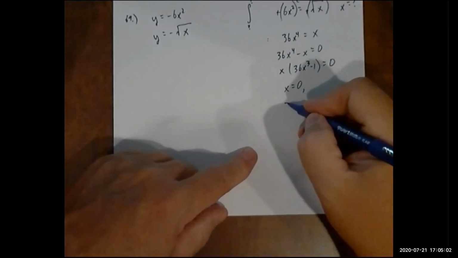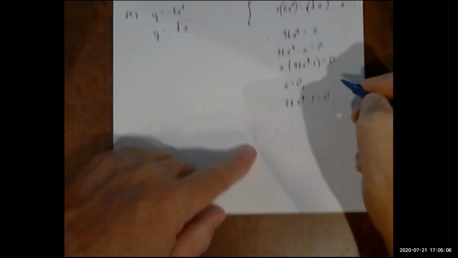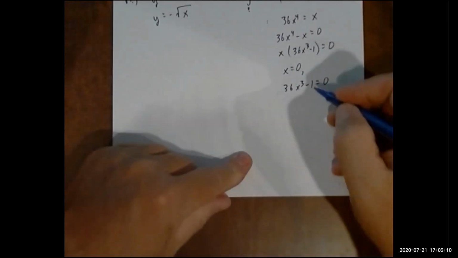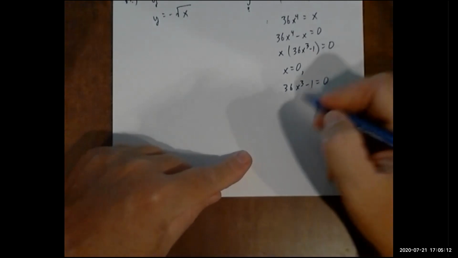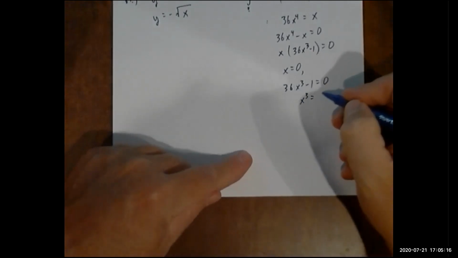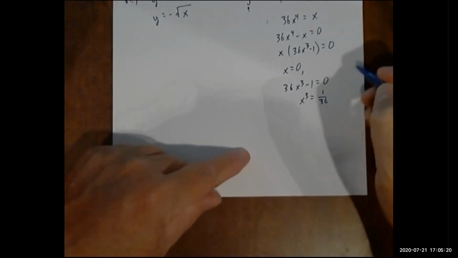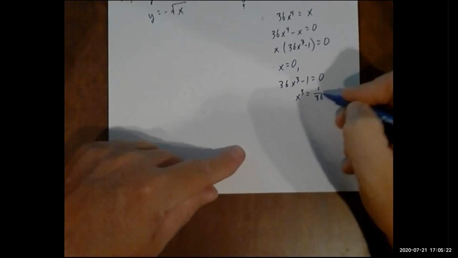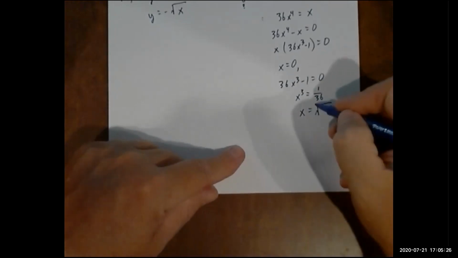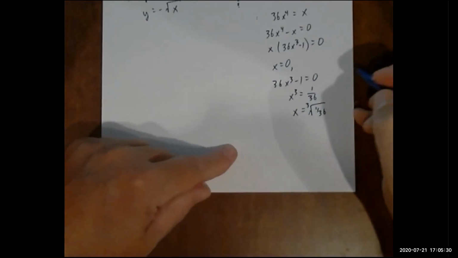To solve this, excuse me, add 1 to both sides, divide both sides by 36. Now, x would be the cube root of 1 over 36.